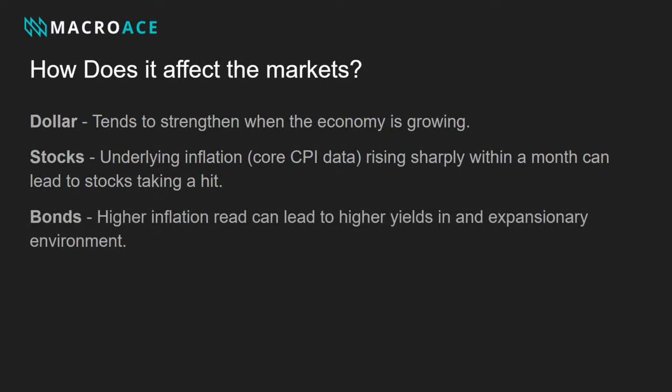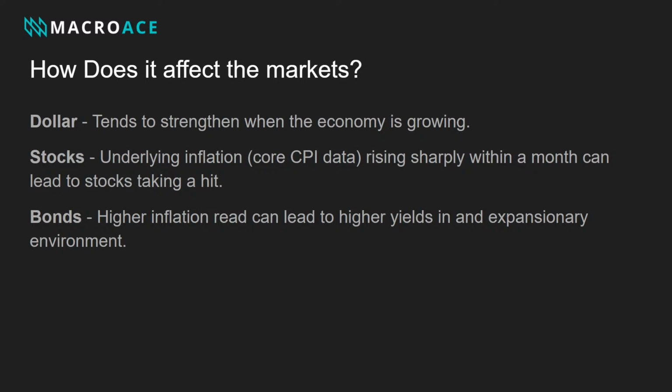For the bond market, one thing to consider is that a high inflation reading can lead to high yields, in an expansionary environment and also within the Federal Reserve's tightening cycle. When interest rates are raised to dampen inflationary pressures, the Federal Reserve has control of the short-term interest rates, right?